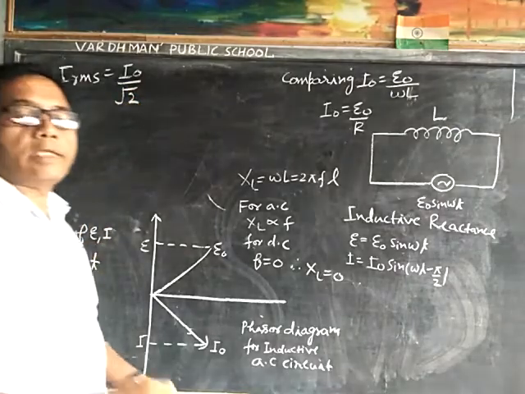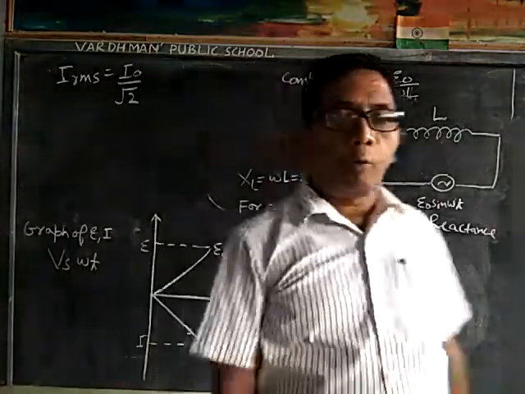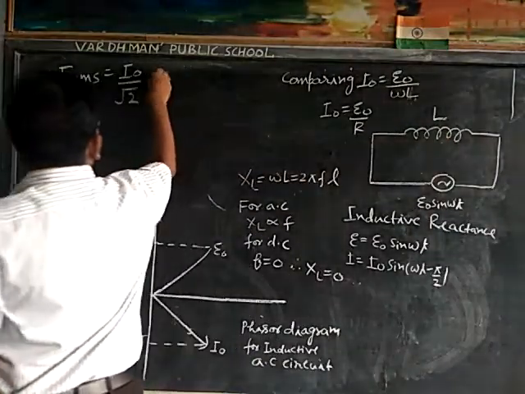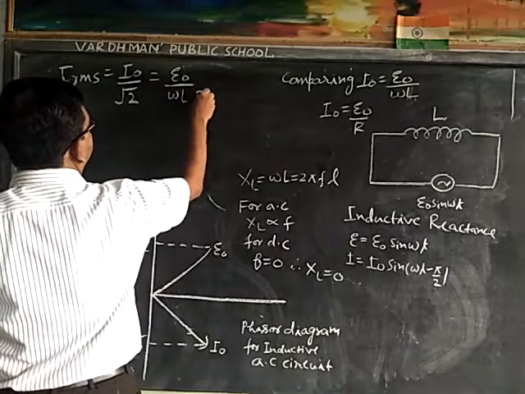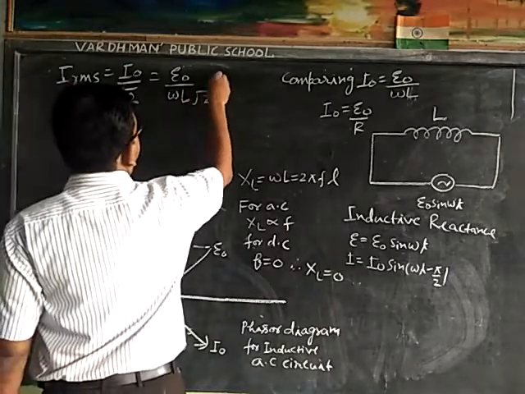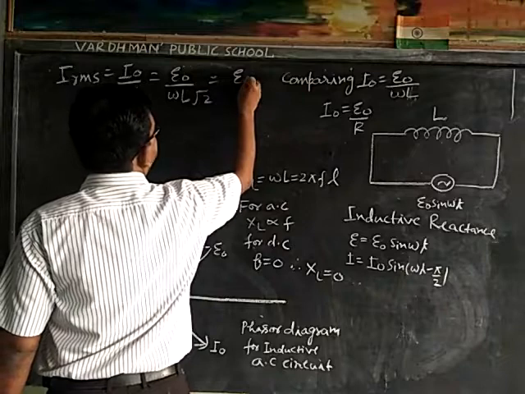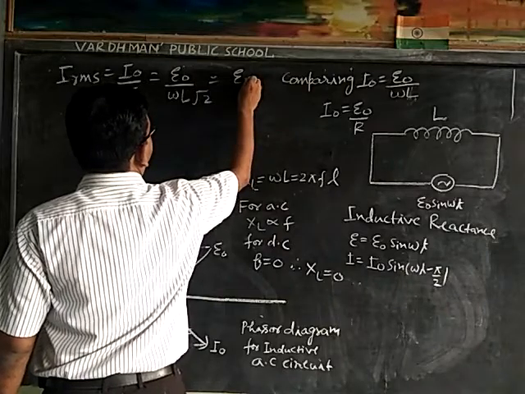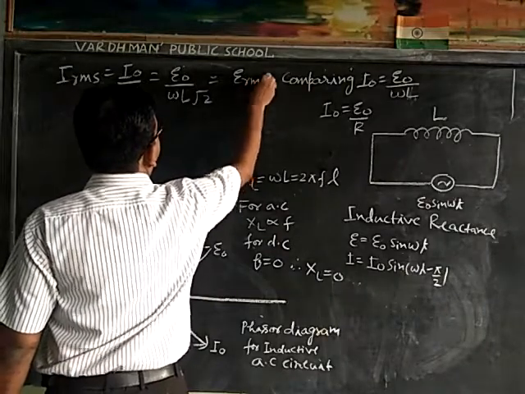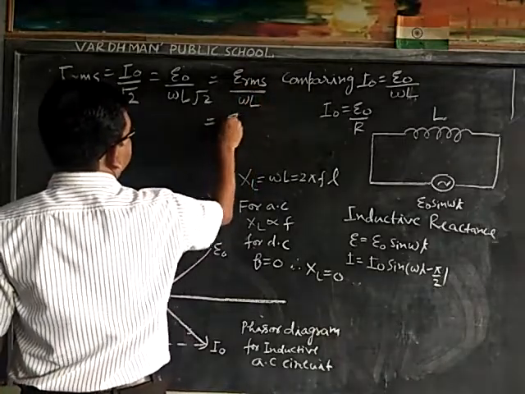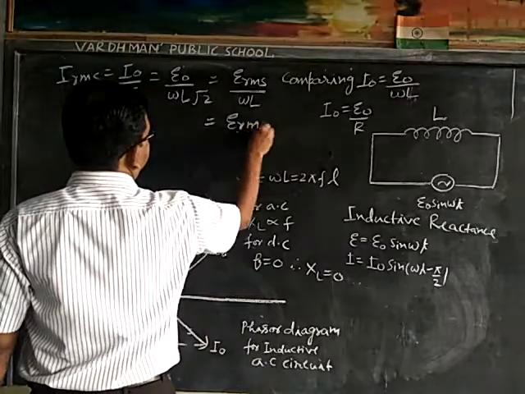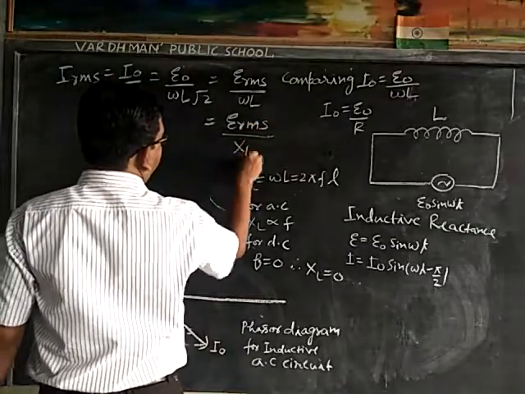And what is I0? I0 is E0 upon omega L, so IRMS is equal to E0 upon omega L under root 2. This can be written as ERMS upon omega L, which is also written as ERMS upon XL.